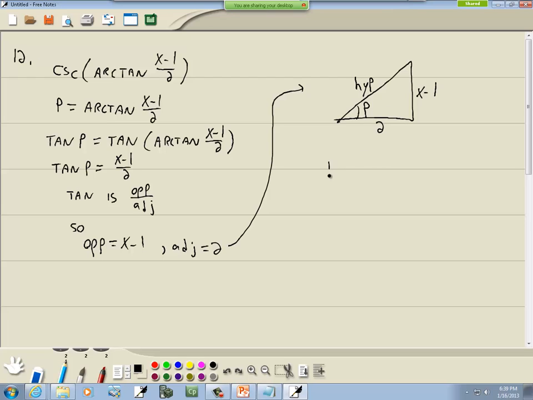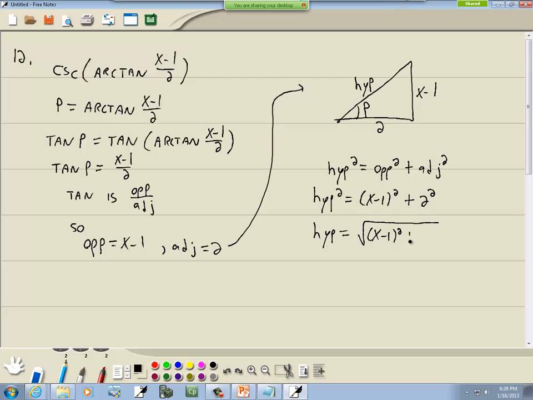So we got hypotenuse squared is equal to opposite squared plus adjacent squared. Opposite is x minus 1, so we got (x minus 1) squared plus adjacent, which is 2, so plus 2 squared. Now we'll drop the squared, and we'll put a square root around the other side. And we got square root of (x minus 1) squared plus 4.